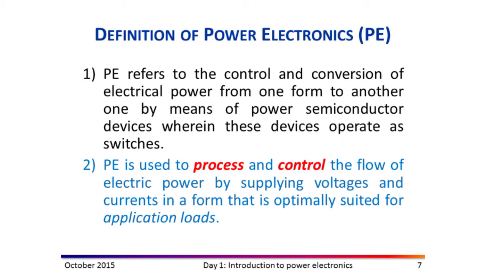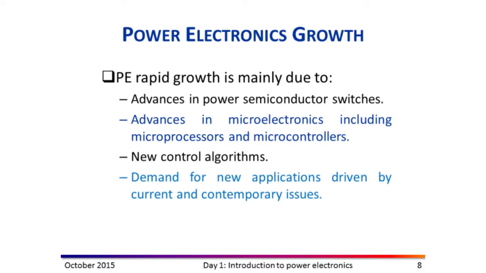The rapid growth of this field is due to advancement. One is the advancement in power semiconductor switches. If you talk about 100 years ago, you could not say power electronics was there.